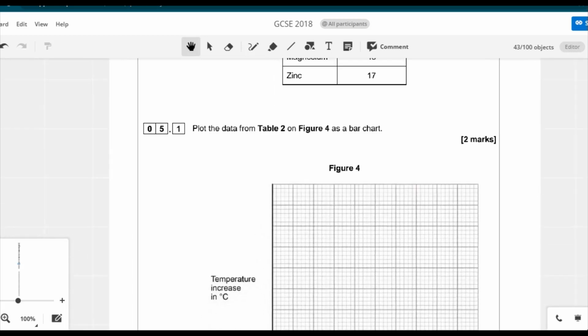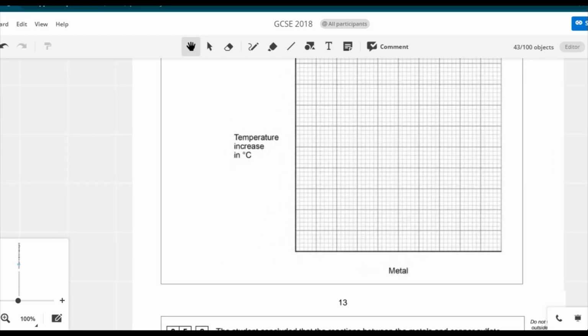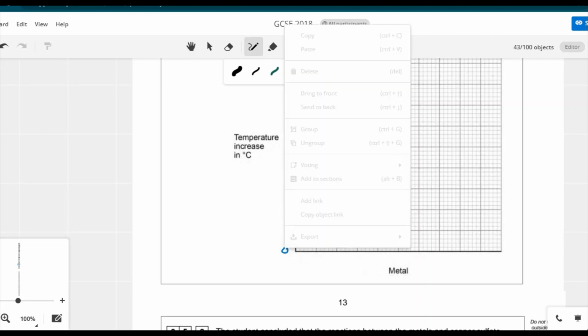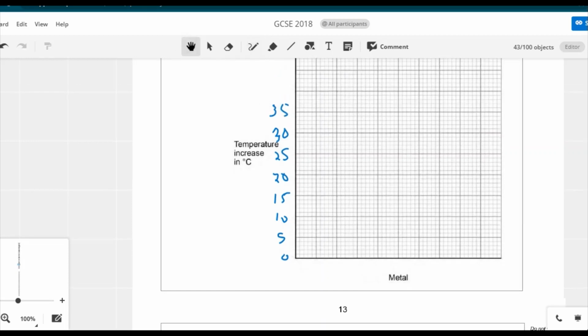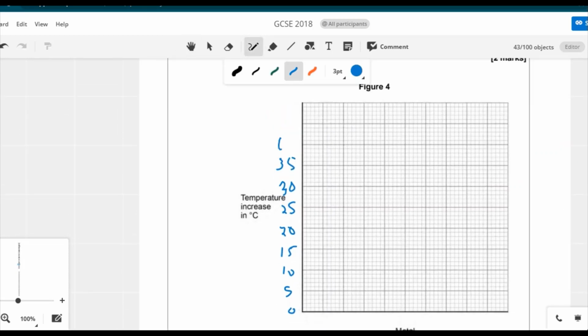So here we can write 0, 5, 10, 15, 20, 25, 30, 35, 40, 45.